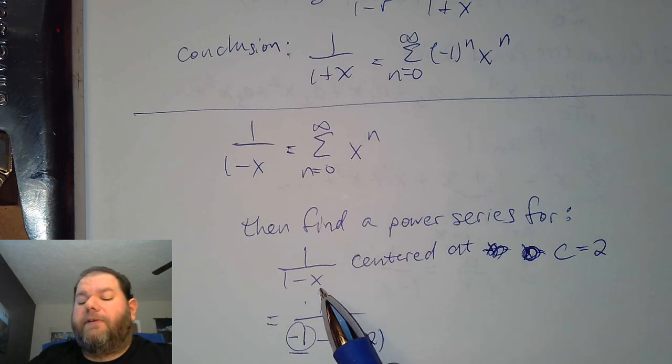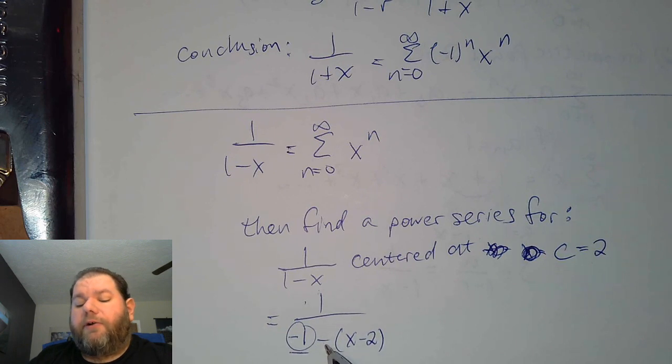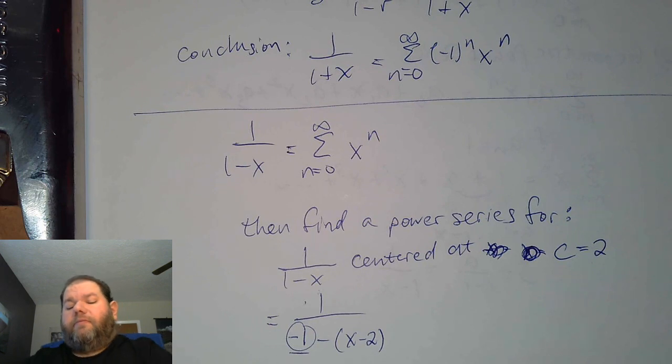So essentially, we subtracted 2 here, but that negative 2 is also being subtracted, so technically we added 2, so we need to subtract 2 here to balance that out. It takes a little while to get used to that.